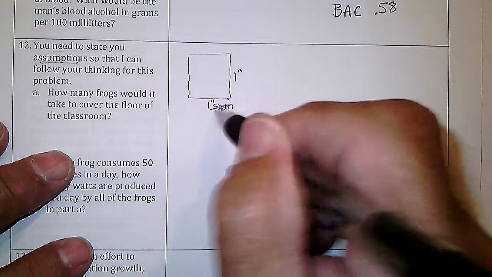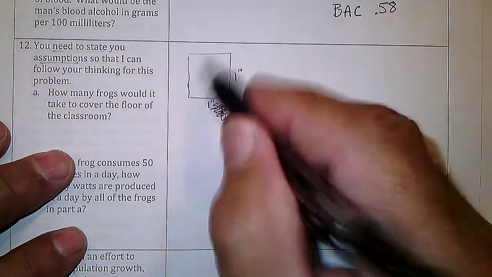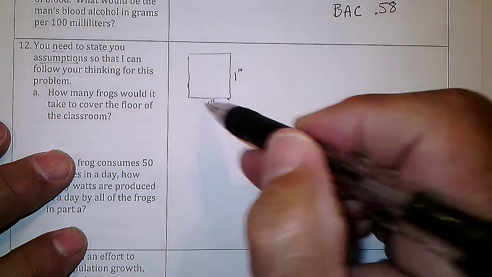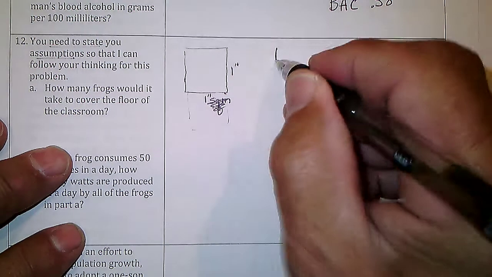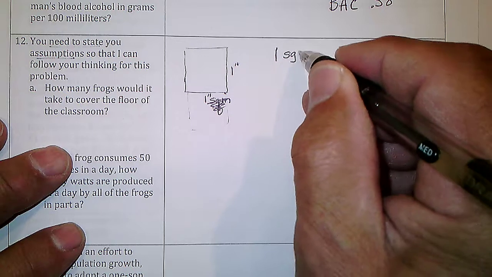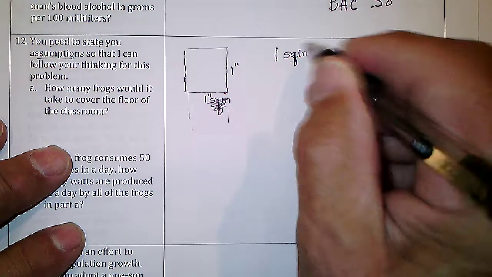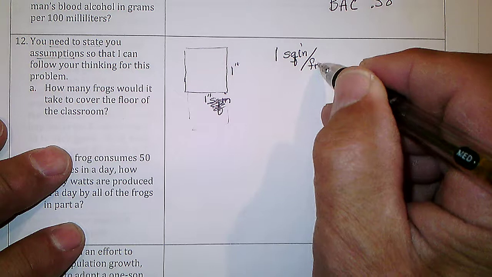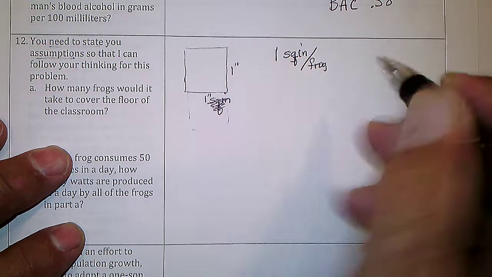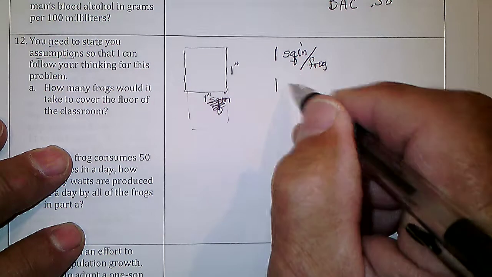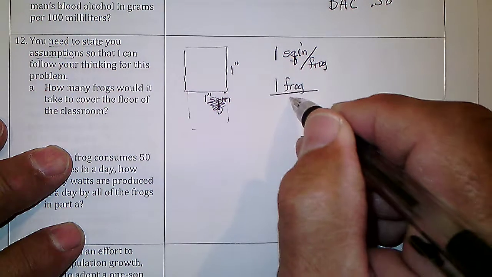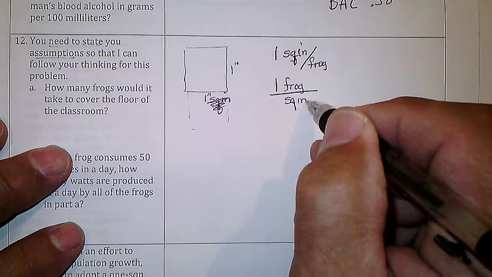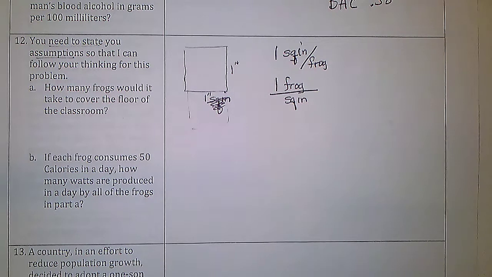Every frog's going to be that size. I might make it 2 just to make it a bigger frog, but I'll call it 1. 1 square inch per frog. But I probably want to write it the other way around. 1 frog per square inch.